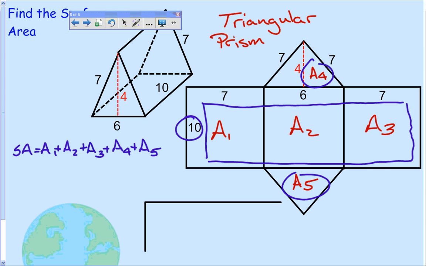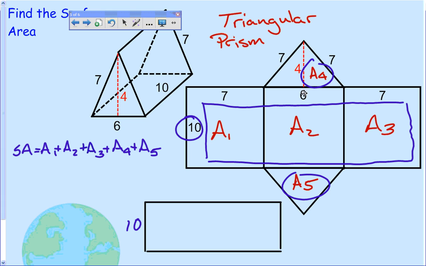So I have this triangle. This isn't going to be perfect. So this triangle is meant to represent, or not triangle, rectangle, sorry. This rectangle is meant to represent this rectangle. I know they're not the same size. Pretend like they are. So we have 10, 10. If I add 7 plus 6 plus 7, that gives me this measurement, right?